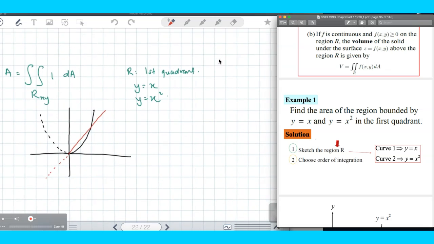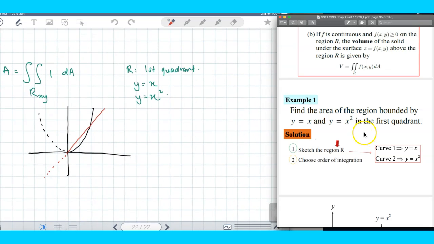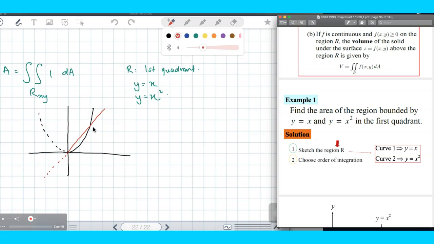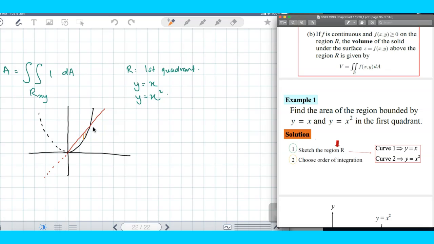Now look again at where the region is that we need to shade. The region is bounded by the two curves, the straight line and the quadratic. Obviously our R is inside here. This is y and this is x. So we need to evaluate the area of this region.